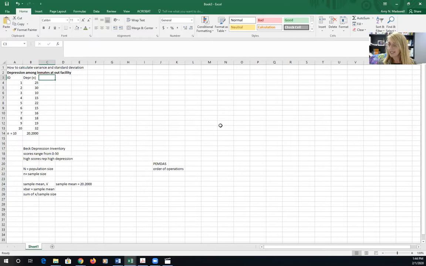So the very next thing we want to do, using parentheses, is take our X value, each person's score, minus our X bar, which is their mean score. I'll show you how to do that in Excel. We go to our empty cell next to our first person, type in equal, take their score minus our mean score, and enter. We're going to do that again. Equal X minus X bar, enter. Equal X minus X bar, enter.